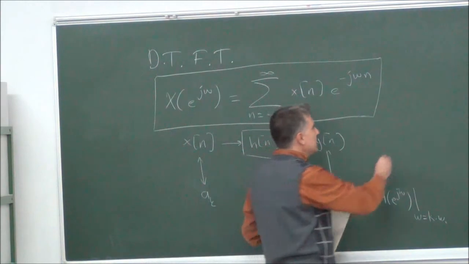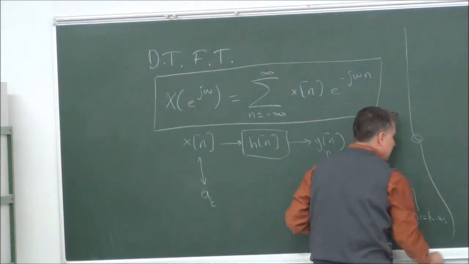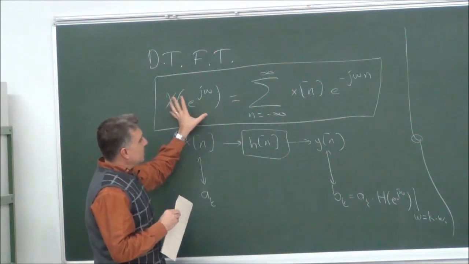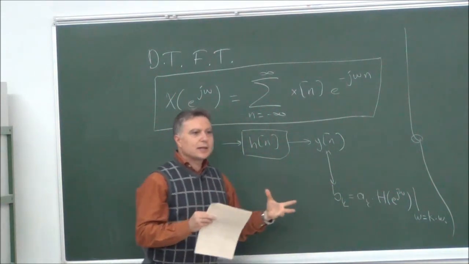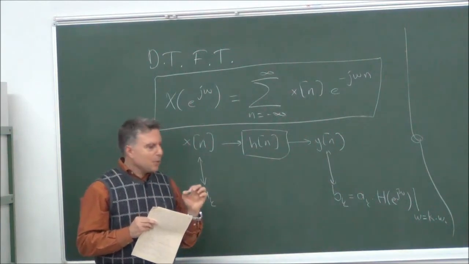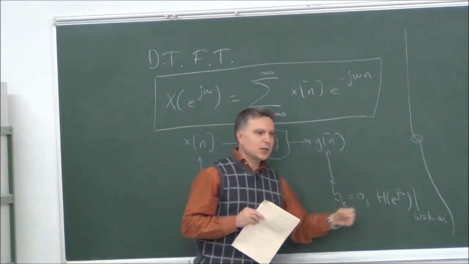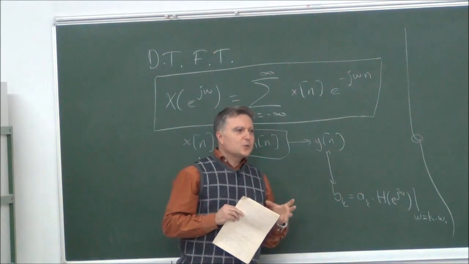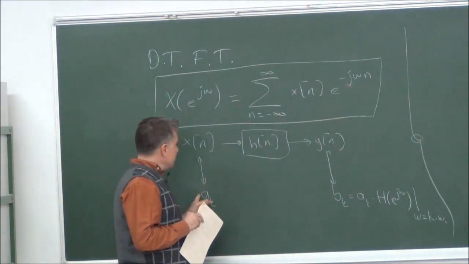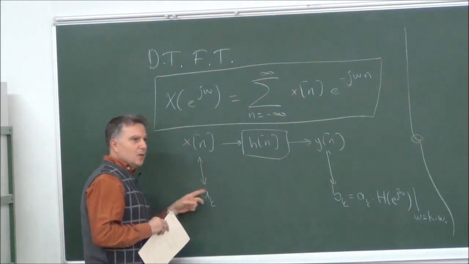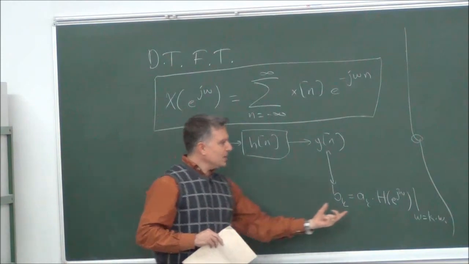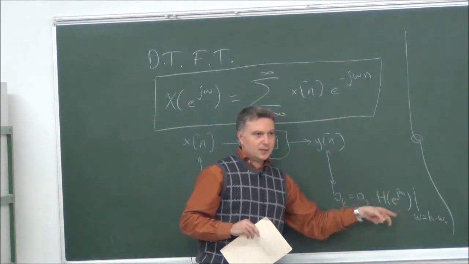And please also remember what I was telling you about the way this h of e to the j omega was looking like. Do you remember the most important property of h of e to the j omega? It was 2 pi periodic. Because the Fourier series coefficients were repeating themselves. These were periodic. So this one was also periodic.